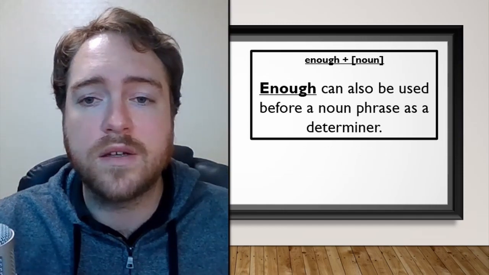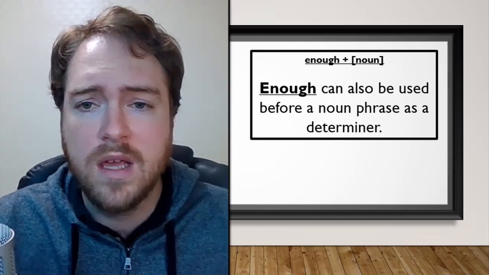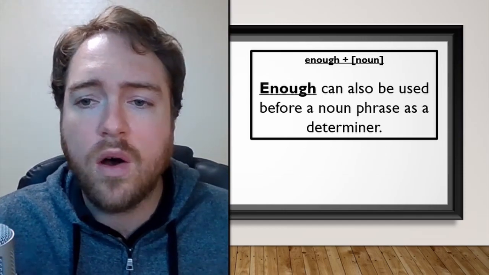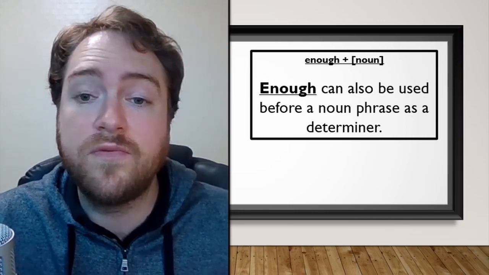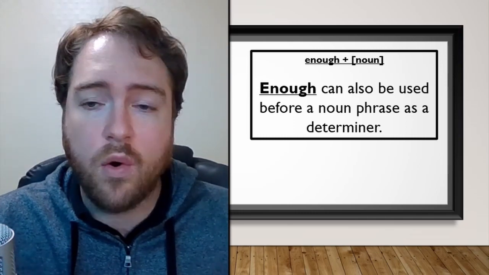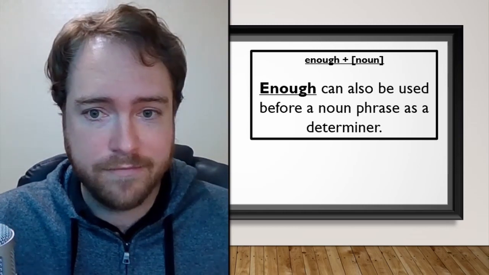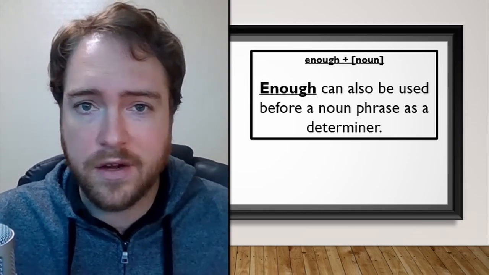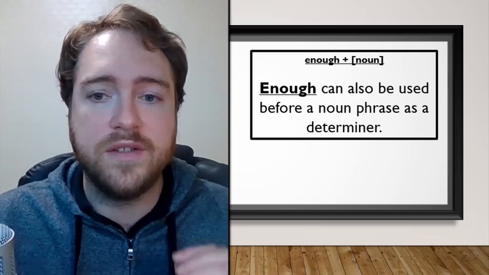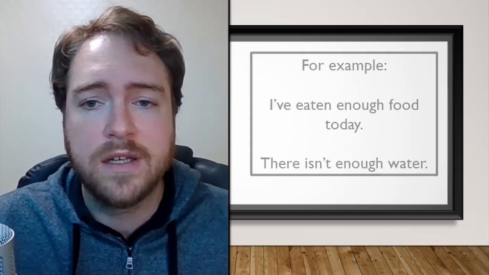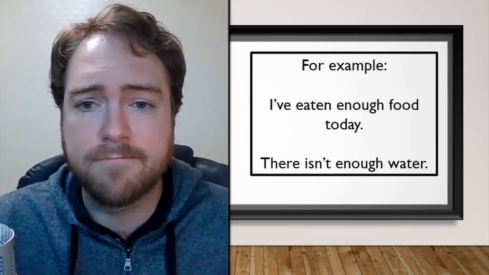All right, now let's look at our next grammar structure. Enough can also be used before a noun or a noun phrase as a determiner. Okay, and we'll talk later in this video about what a determiner is. So let's see an example here.